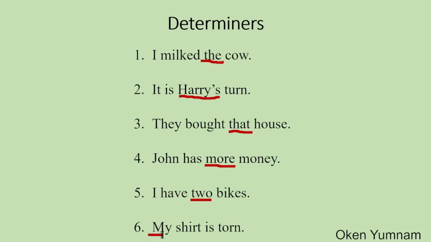Similarly, number six, my shirt is torn. My is a determiner. Of course, if we look closely, it is a possessive pronoun. So all possessive pronouns can be determiners. My, your, his, her, all of them can be determiners. So these are the determiners.